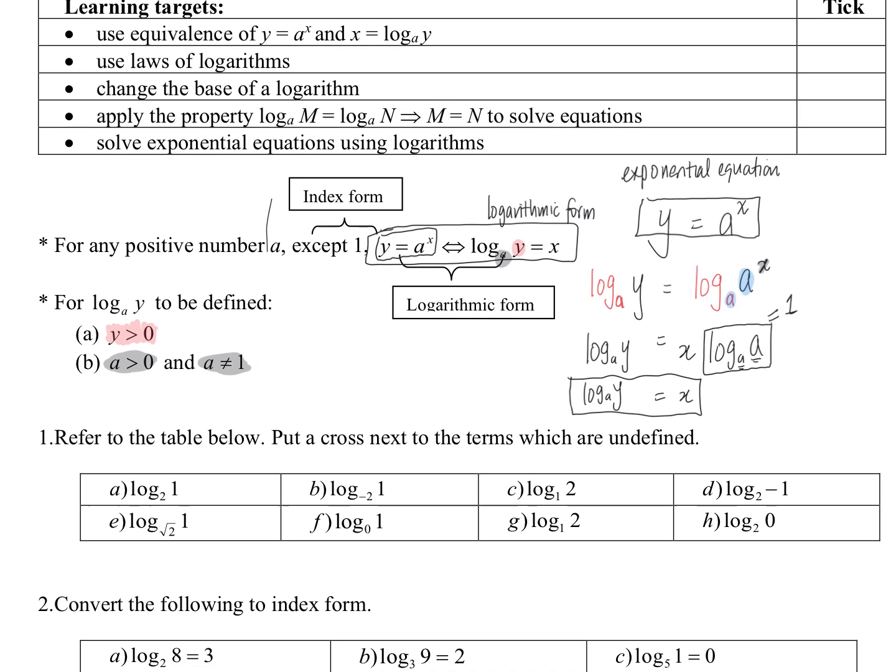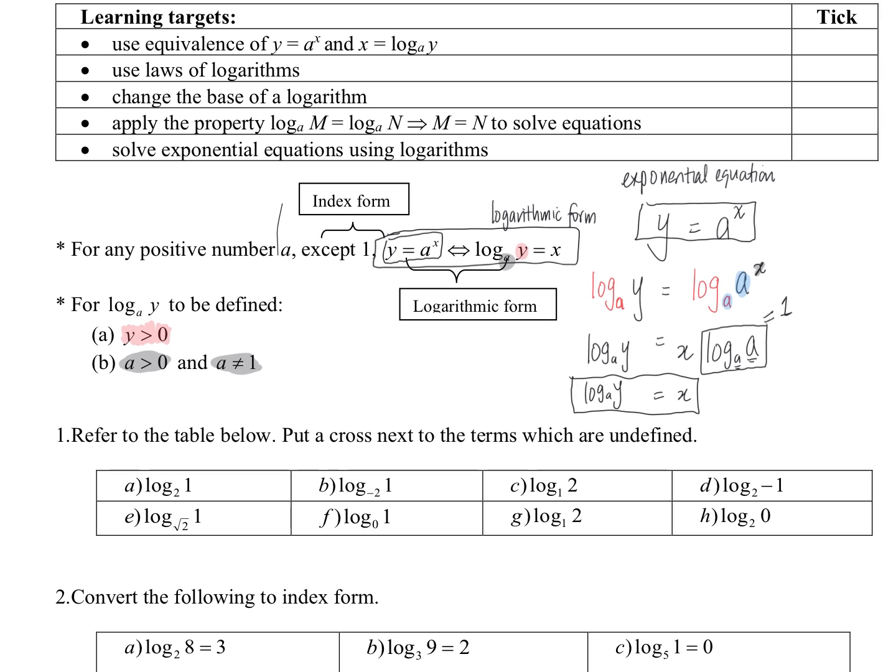So if you look at all the expressions they write here, there are some that are invalid. Which are the ones that are invalid? Anything that has a negative inside is out, so these two are out.